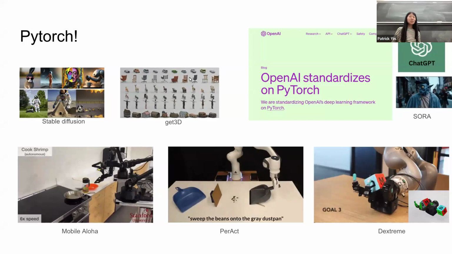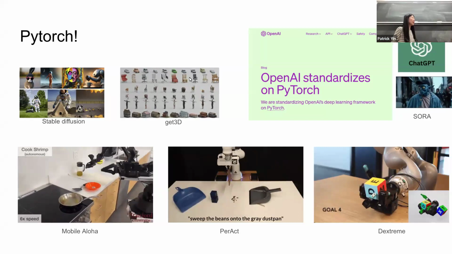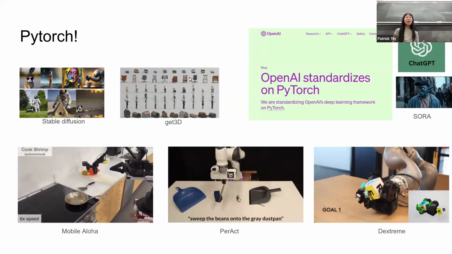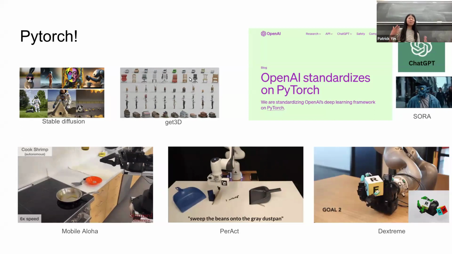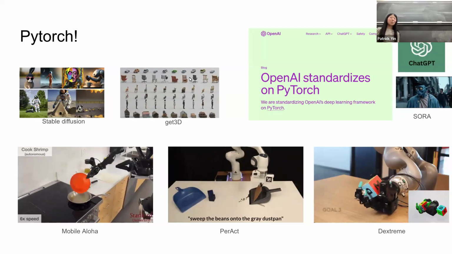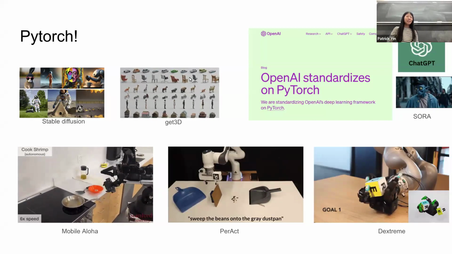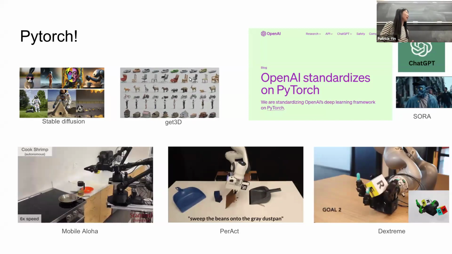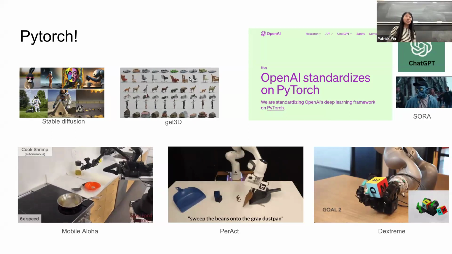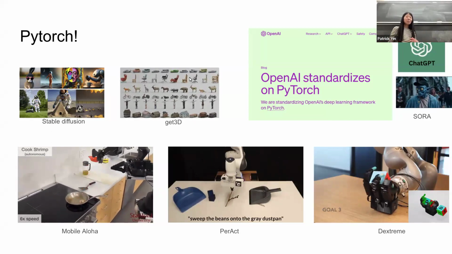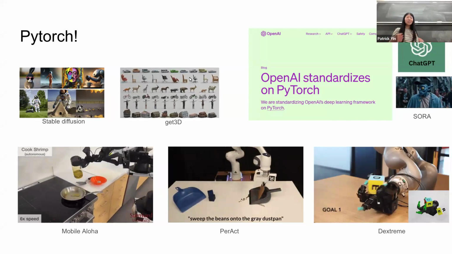And in addition to all the Gen AI work, we in the robotics community also fully embrace PyTorch. For example, the most recent work, Mobile Aloha from Stanford University, tries to teach a bimanual mobile manipulator to cook a shrimp.